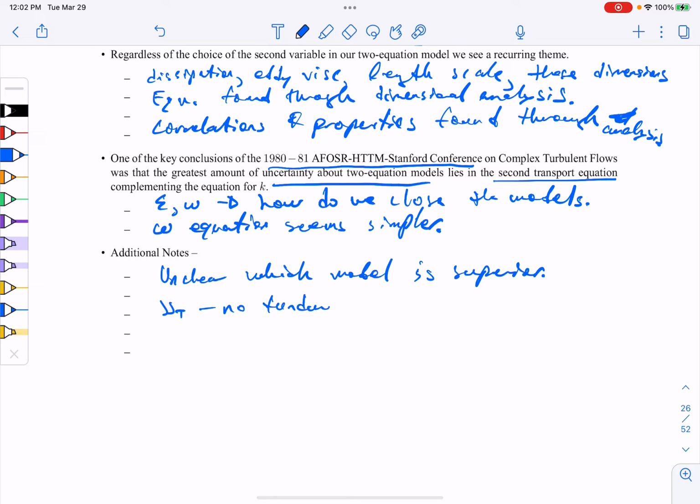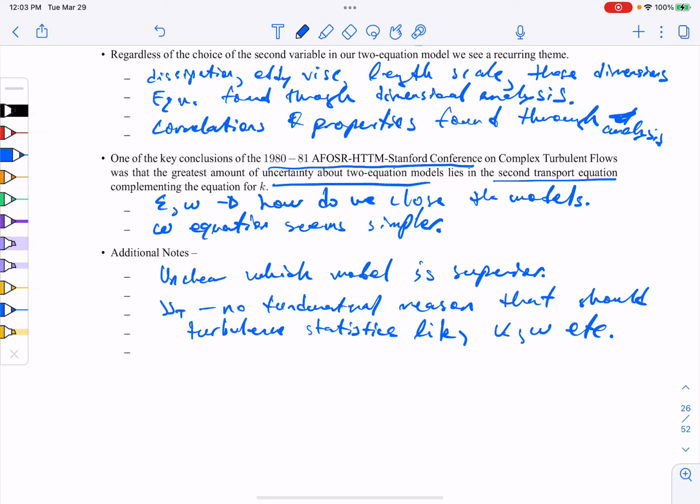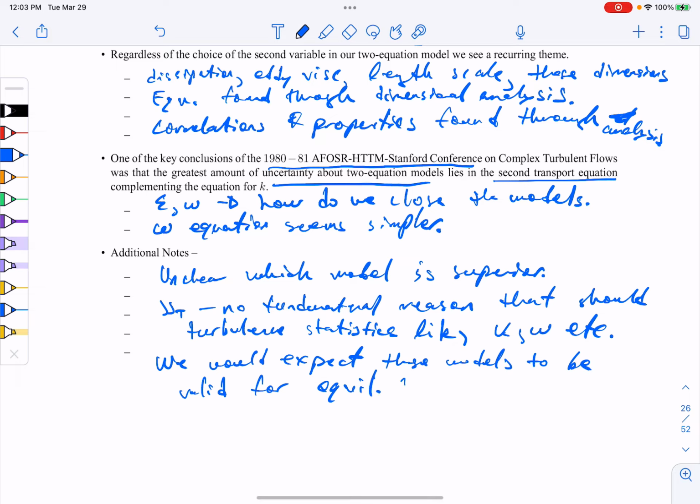There's no fundamental reason that the eddy viscosity should depend on these turbulence parameters or statistics, like k or omega, etc. And we would expect these models to be valid for equilibrium flows, but they're not really models which are formed and calibrated for turbulent flows which are in non-equilibrium.